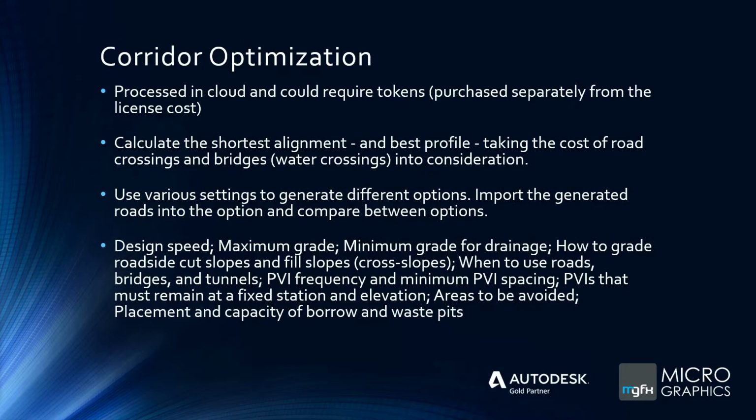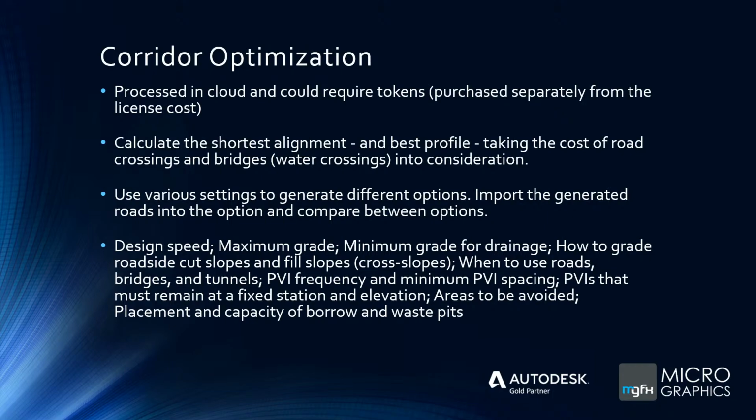With the corridor optimization, you should note the following: it is processed in the cloud, so it's not processed on your computer. And depending on the size of the optimization or the size of the simulation, it might require tokens. That's the old cloud credits that we used to refer to, and that you have to purchase separately from the license cost to run these simulations if they're large.